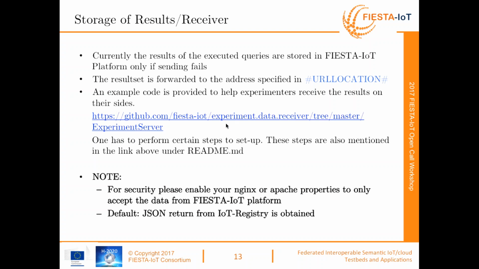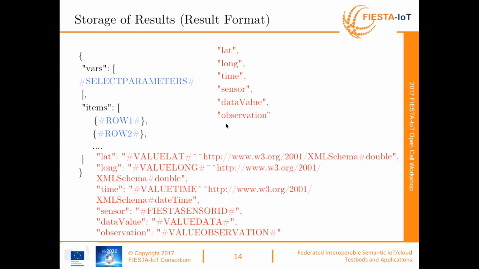Okay. A sample storage of results, the result format that is provided, is basically just a JSON format that I have here, but as specified by Tariq, you can have different formats here as well. Here, vars are basically the parameters in your select query, the select parameters.